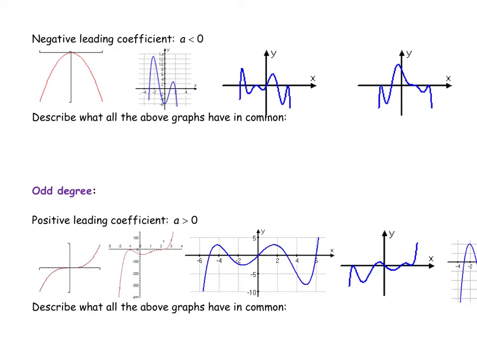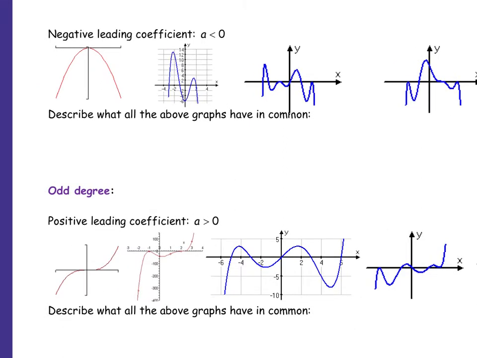I'm still even. They still open in the same direction, only this time because A, my coefficient, is negative, instead of opening up, it's going to open down. No matter what happens in between.